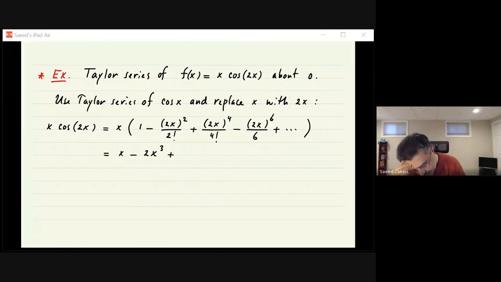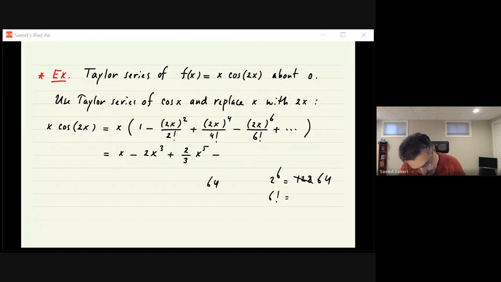So it's 2/3 of x to the 5th, minus, I'm sorry, this is 6 factorial, minus whatever. 2 to the 6th is 64, and 6 factorial.